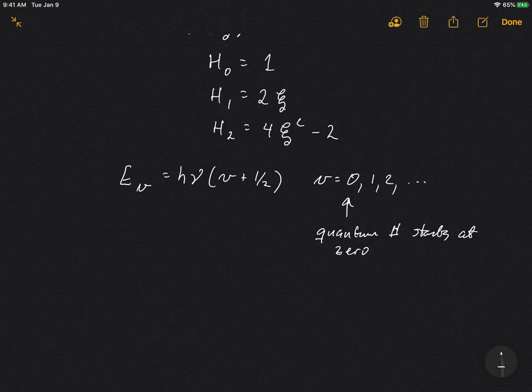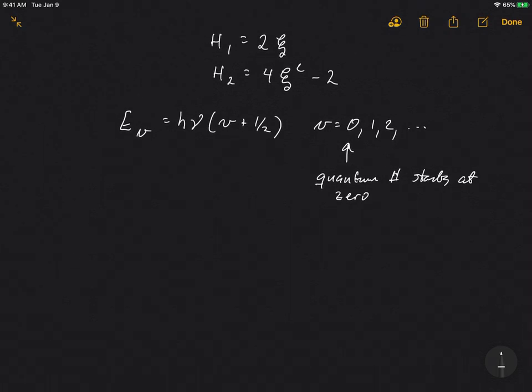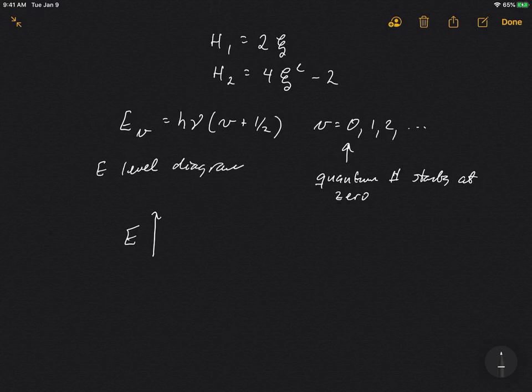And so what does this look like? Essentially we end up with, if we plot energy along the y-axis and we make an energy level diagram, and if we start at E equals 0, so we'll just use a dashed line because that's not an actual energy level of this system, then our first state would be at E equals h nu over 2.